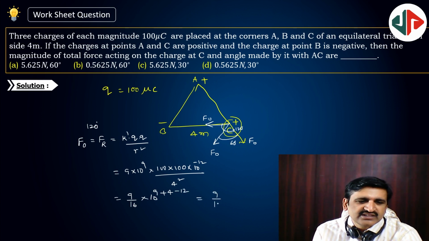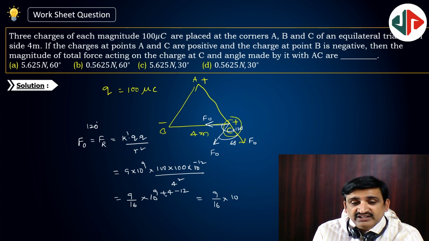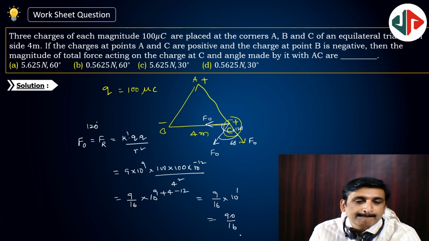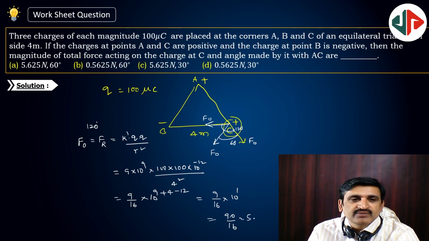This is 9 by 16 into 10 to the power of 9 and 4, 13, means 1 only will come. So 90 by 16, 16 fives are 80. Okay, so 5 point something will come, 5 point something and 60 degrees is option A.